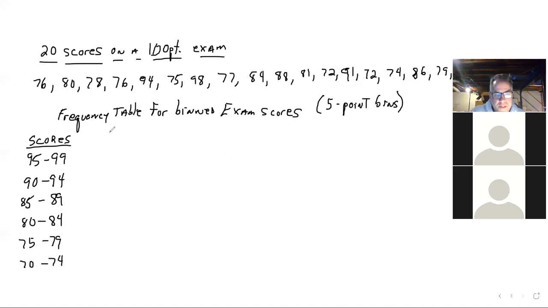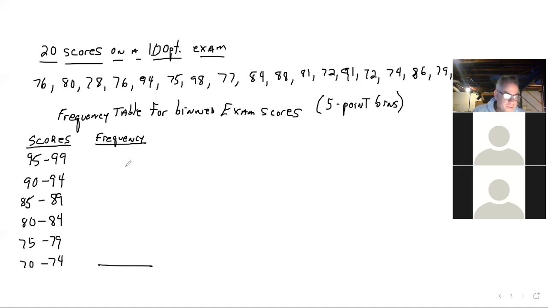Once I've got my bins set, I can have another column, and this would simply be the frequency. So all the scores that fall within this bin, all the scores that fall within this bin, and the total here will be 20. I couldn't have any more than 20. If you're doing this by hand, you would count up the number of scores between 95 and 99 and check them off once you've used them.